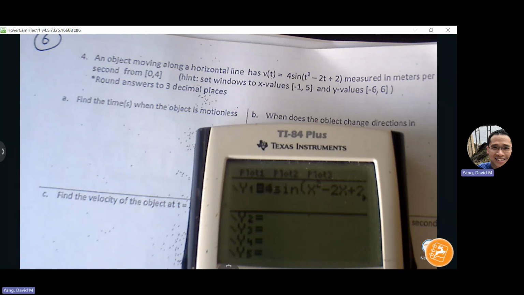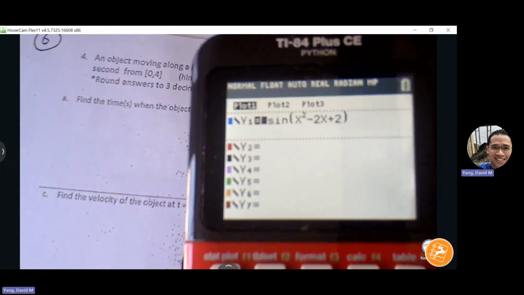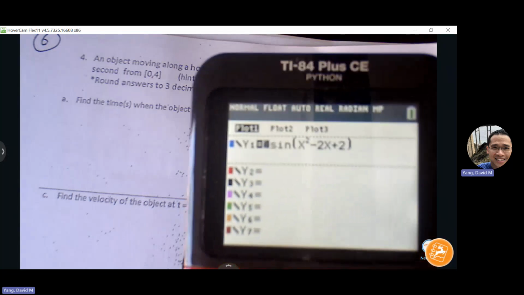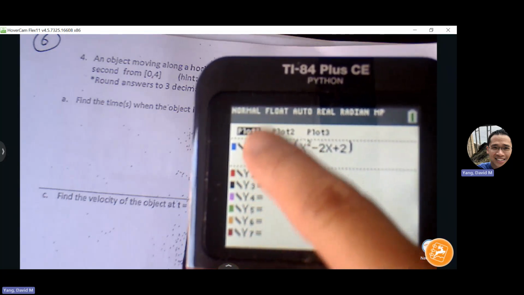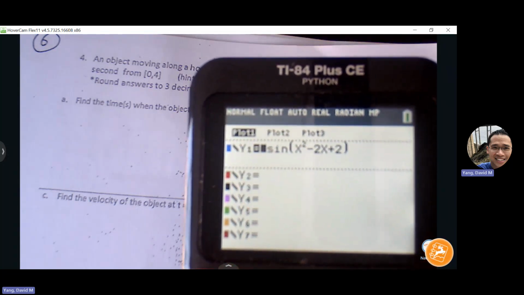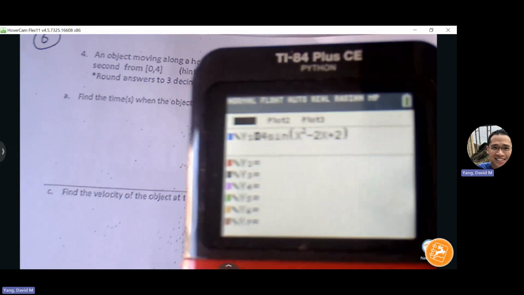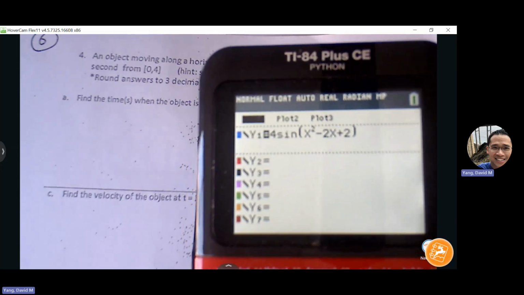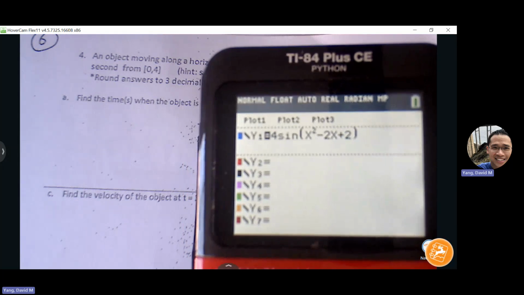Oh, let me just show something here. I don't know why calculators do this, but sometimes, do you see how above there's that Plot 1 highlighted? If Plot 1 or Plot 2 is highlighted, just go up to that plot, unhighlight it using the enter button, and make sure that is not interfering with your graph.